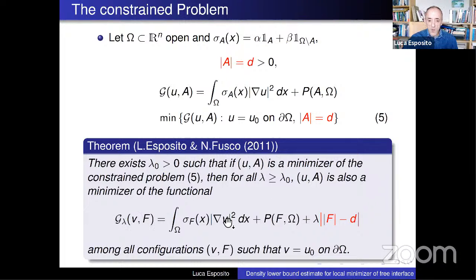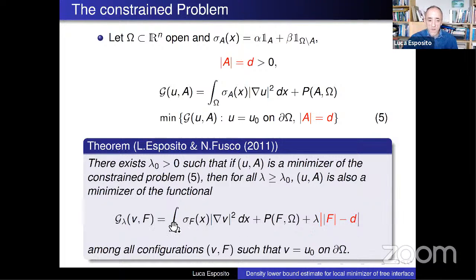If you consider this functional adding the penalization of the difference between the measure of F and D, you can prove that minimizers of the constrained problem, if you take lambda sufficiently big, so lambda greater than lambda 0, then UA is also a minimizer of this penalized functional.